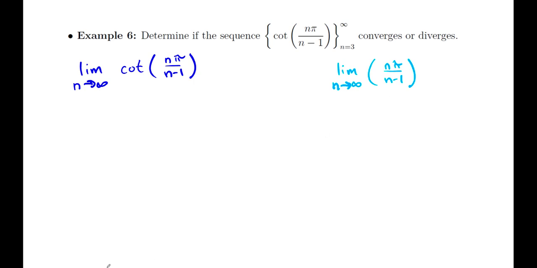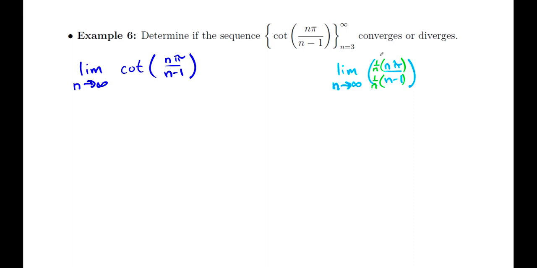Well, what we can always do is take the top and the bottom of a big fraction and multiply it by whatever we want.